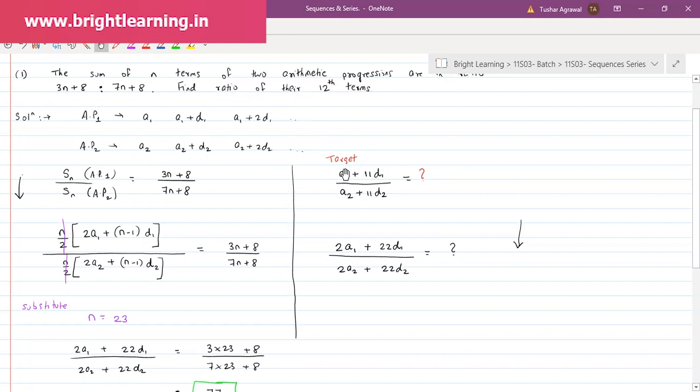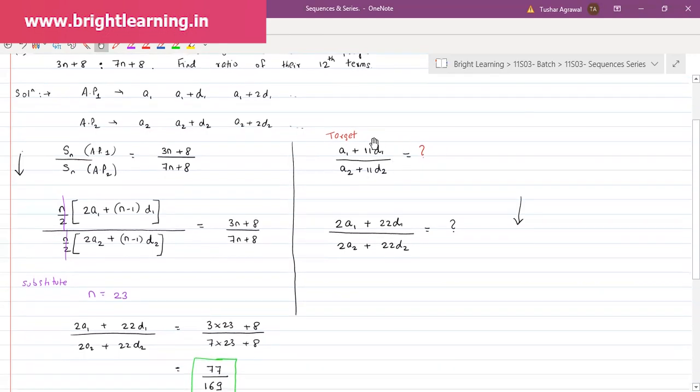The 12th term of the first AP is A1 plus 71 D1. The second AP's 12th term is A2 plus 72 D2. Yes or no? Yes, sir. So if I am asked to calculate this ratio, what if I multiply the numerator and denominator both by 2? Did I make some mistake?